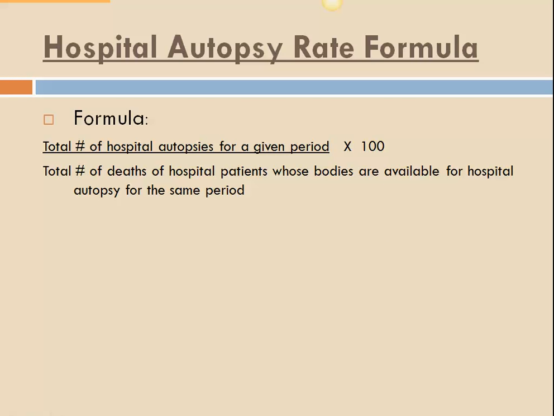Our formula for this would be the total number of autopsies conducted by the hospital for a given period divided by the total number of hospital patients whose bodies are available for hospital autopsy for the same time frame.